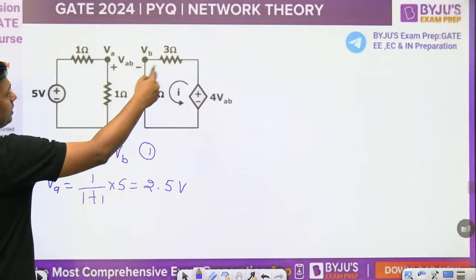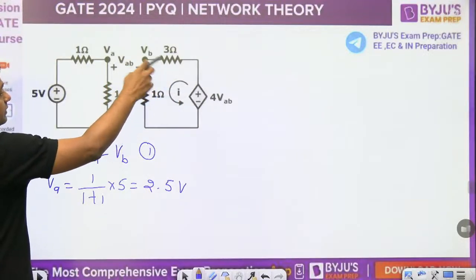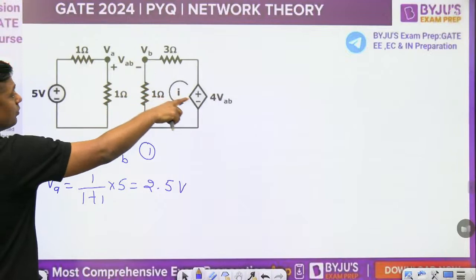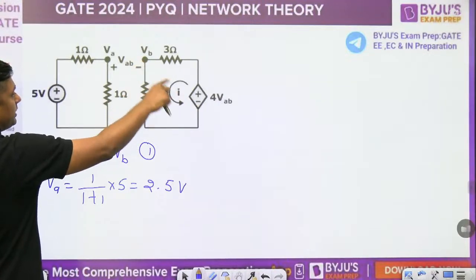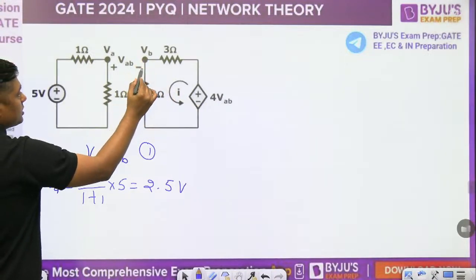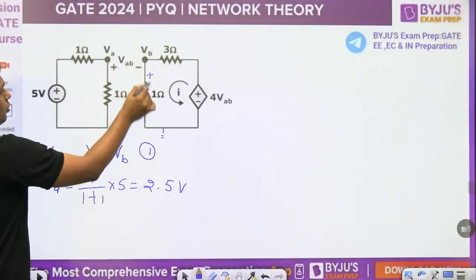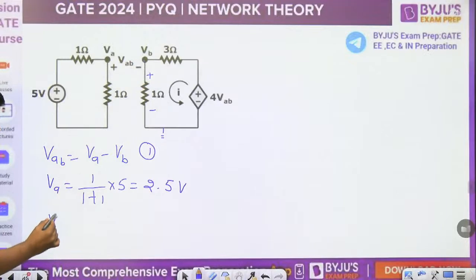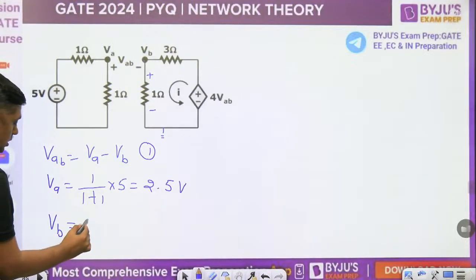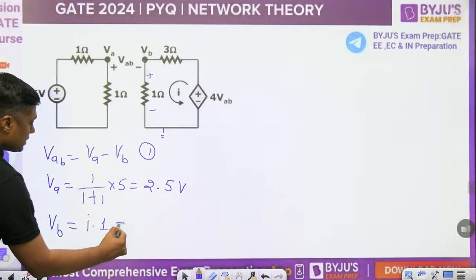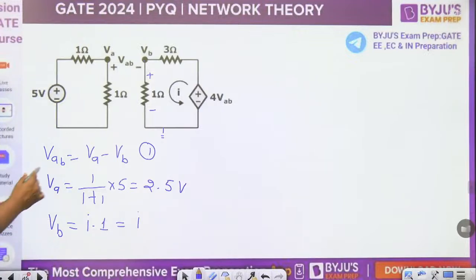You can find the value of VB in terms of I. This current enters here, this is the reference, so I into 1 is the value of VB. I into 1, that is nothing but I. Now what is the VAB?